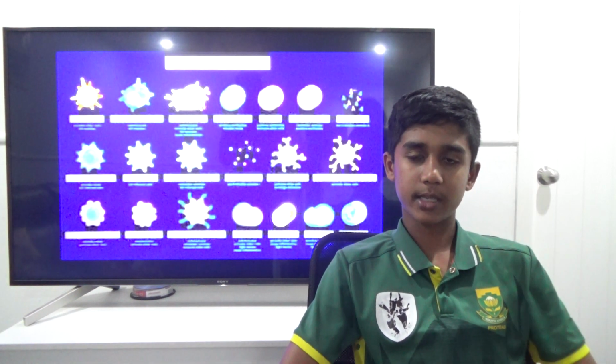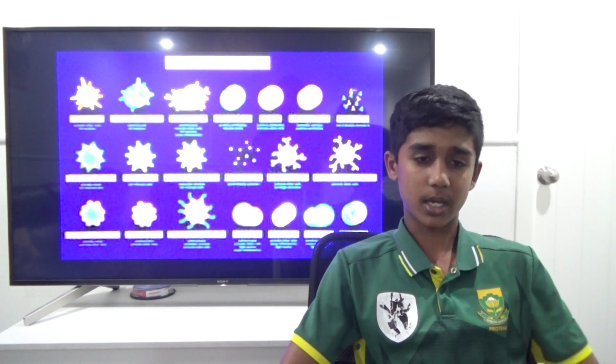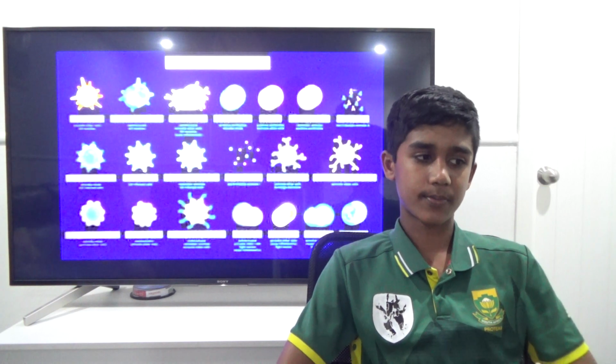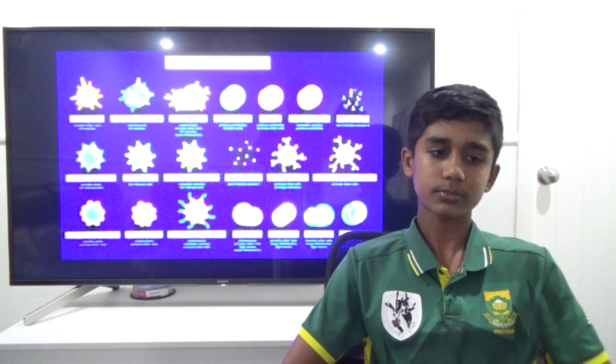Then the antibodies come rushing in from the B cells and destroy all the bacteria, and by then all the bacteria would have been killed.